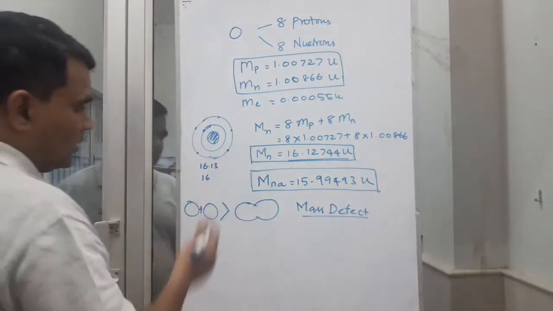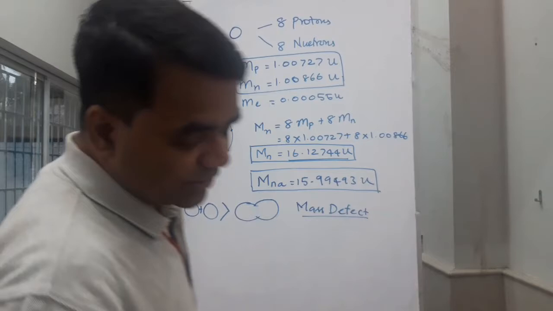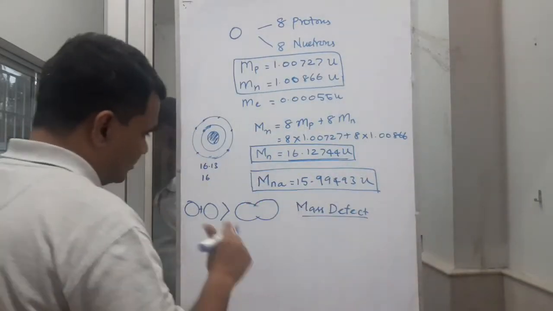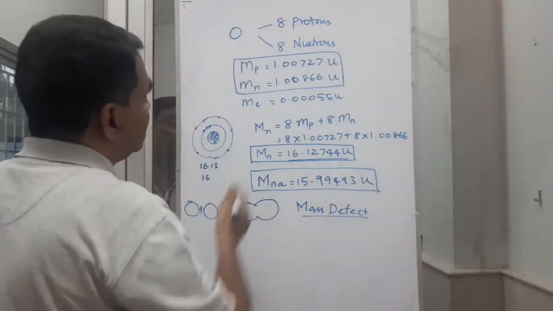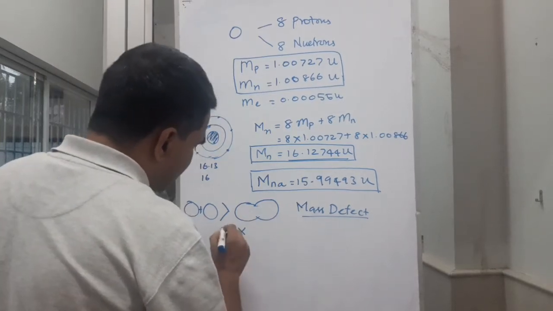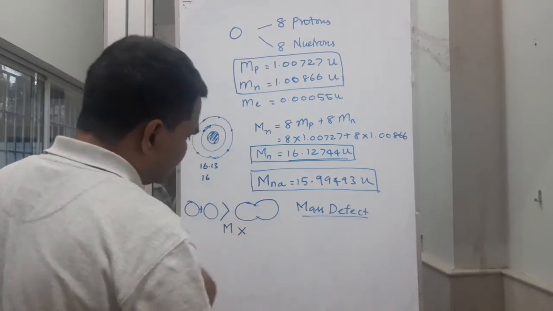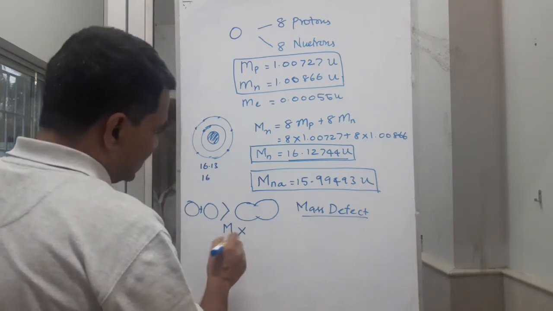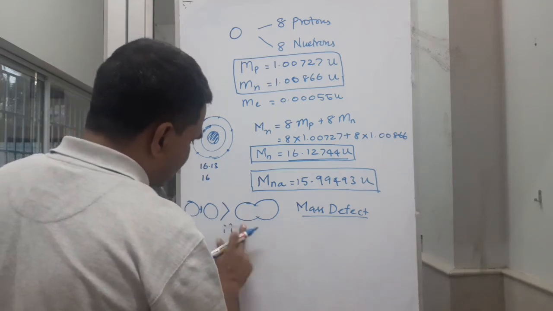So let me take a general case. If I take a certain atom X, what is the mass of X now? The mass of X, this is the theoretical.